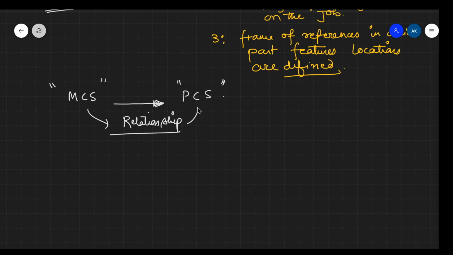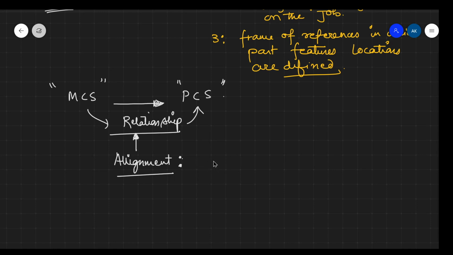Unless you establish a relationship between them, it will be difficult. And any method by which you establish the relationship between these two is called alignment. And again, this alignment is pretty much mathematical.